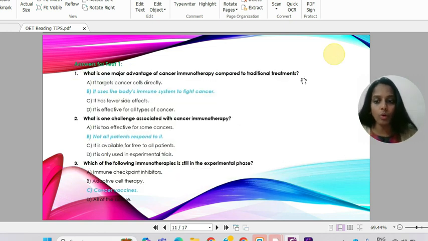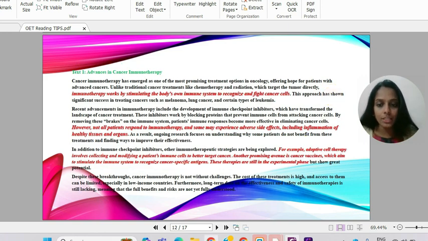Moving on to the third one, which of the following immunotherapies is still in experimental phase? For that, the answer is cancer vaccines. Cancer vaccines, let's see in the passage. So, the third paragraph, if you see in the second sentence, for example, adoptive cell therapy involves collecting and modifying patients' immune cells to better target cancer. Another promising avenue is cancer vaccines.